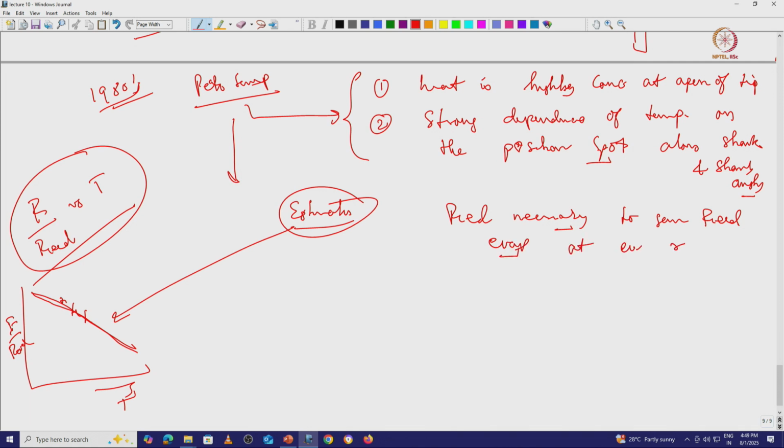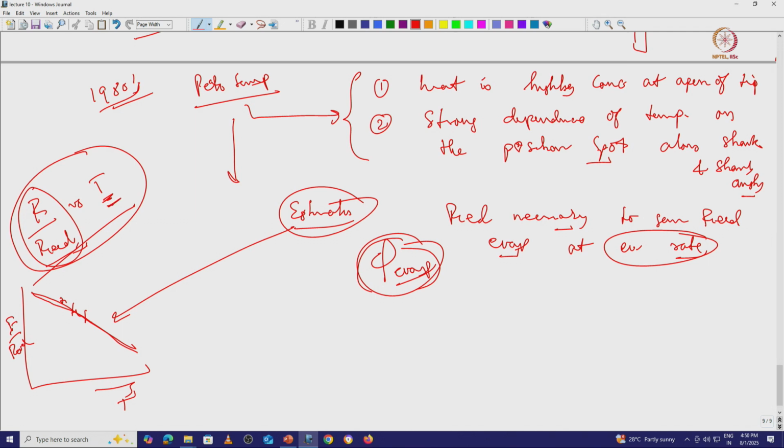Remember, we kept the evaporation rate constant in that equation. If somebody has forgotten the equation, you can go through the previous class notes, where you can see that there is an equation between the relative field, temperature and the field evaporation. So for a constant field evaporation rate, we can generate the field and temperature calibration curve, correct?